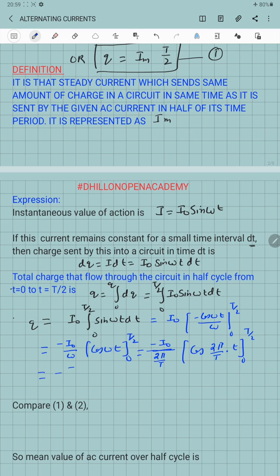It will be minus I naught into T over 2 pi into, substituting the limits, cos of 2 pi by T into T by 2 minus cos of 0.